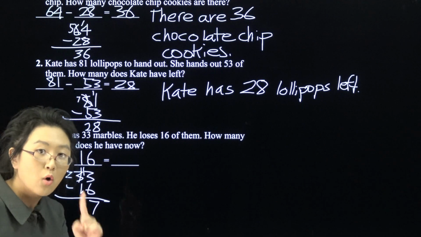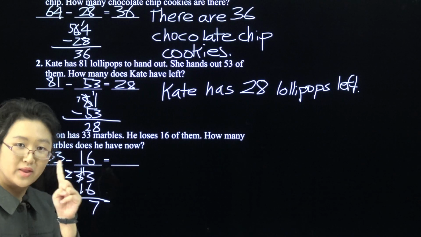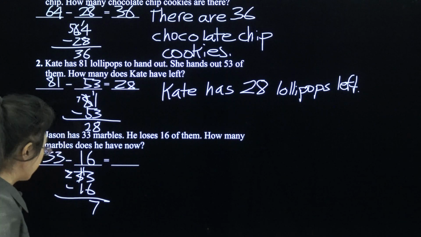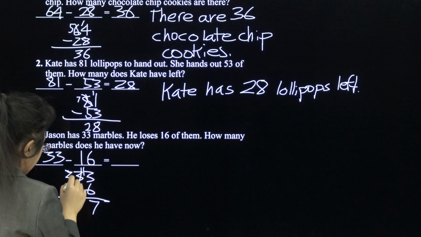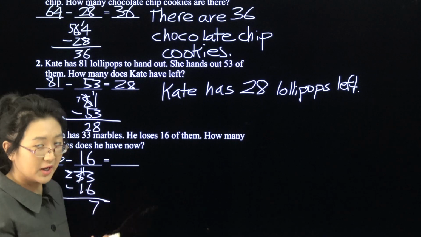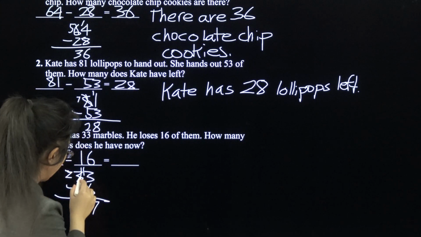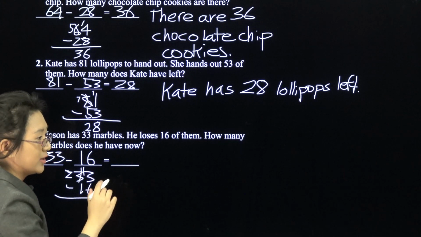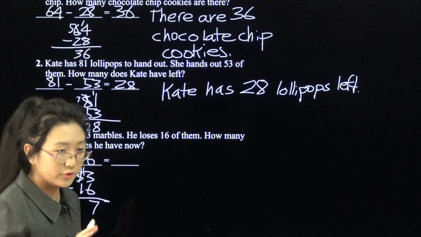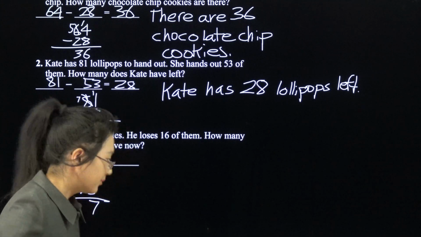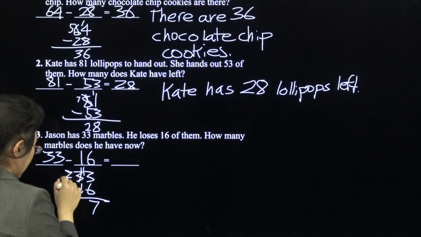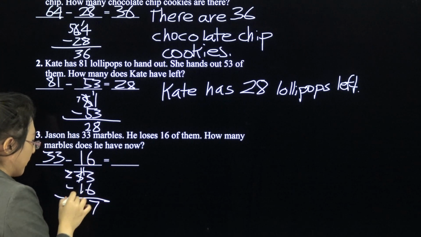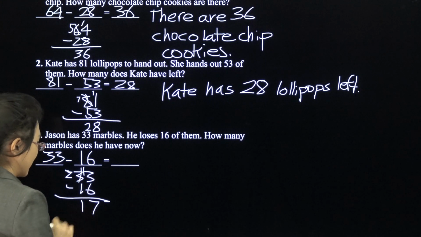So when you regroup, only regroup 1, whether it be 1 ten, 1 hundred, 1 thousand, only regroup 1. You can regroup multiple times, but when you regroup, only regroup over, say, 1 ten or 1 hundred. Don't do 2 tens. Don't do 3 tens. None of that. Anyways, because you regrouped, you now have 2 tens minus 1 ten, which is 1 ten.